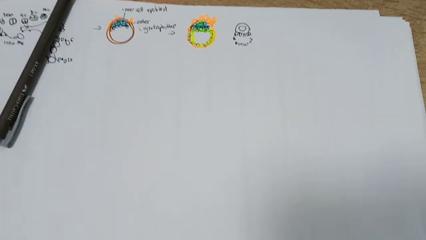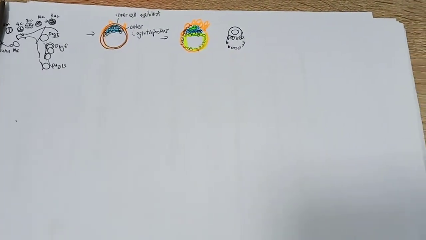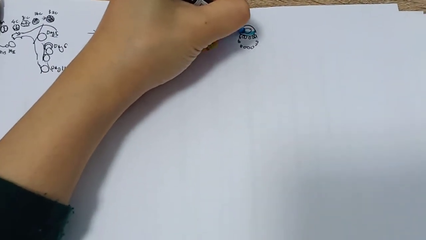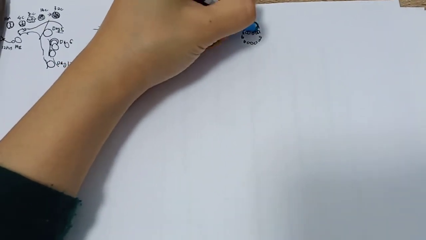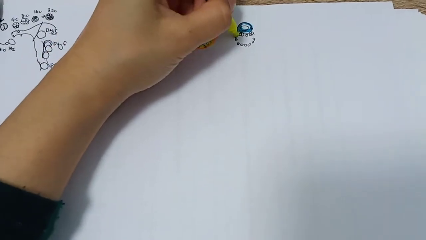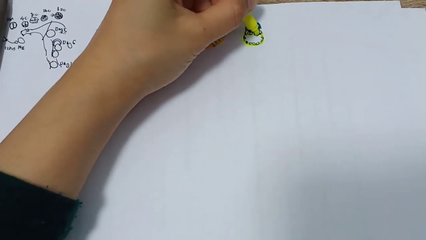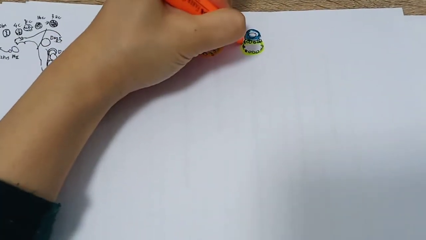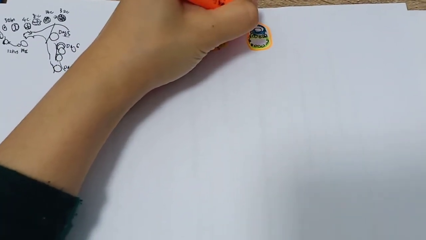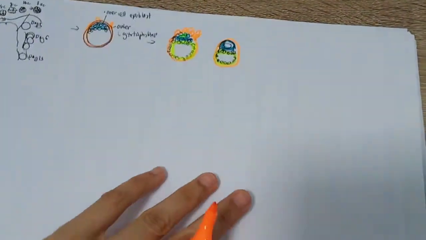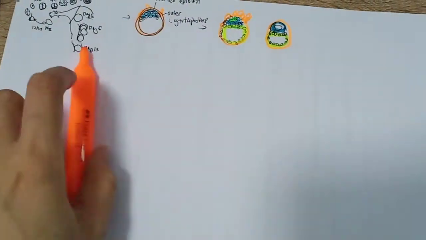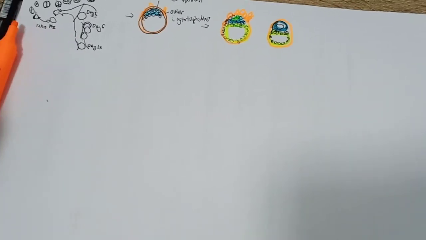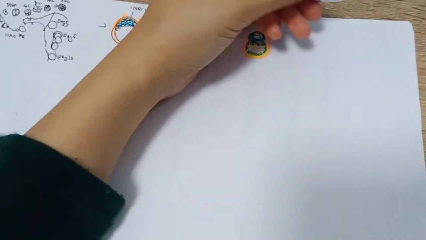One of the things that I always missed out when I learned embryology is the formation of the extraembryonic mesoderm and the extraembryonic cavity. There will be a formation of the extraembryonic coelom, or cavity.